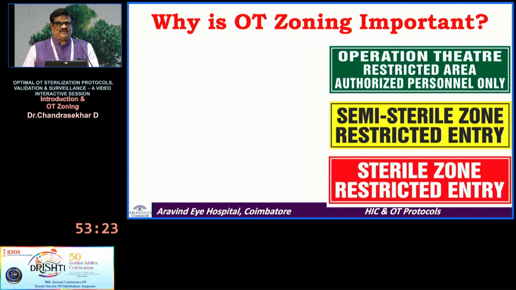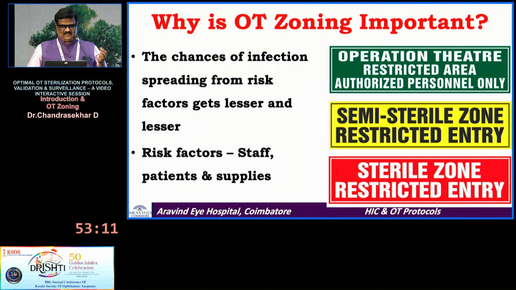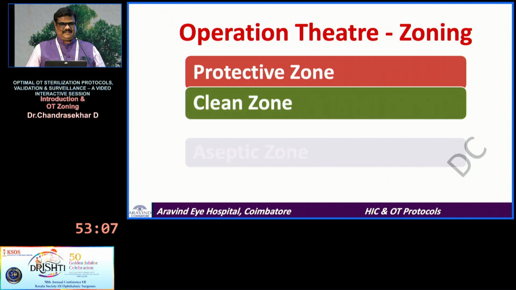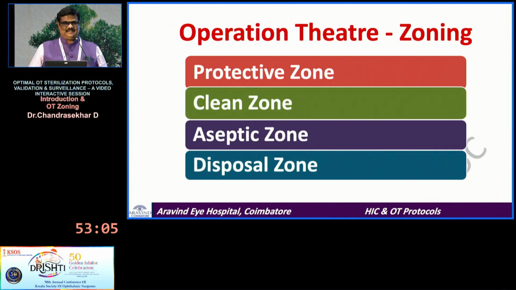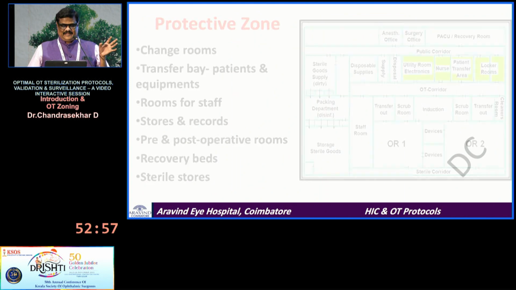Now this is very important to zone the theatre, because we do not want crossover of used and sterilized items. That is why we categorize them into at least sterile, semi-sterile and non-sterile zones. So ideally it is divided into a protective zone, a clean zone, an aseptic zone and a disposal zone. So now what do we mean by all this? We have markings also. It could be red, yellow, and green would be the most sterile area.